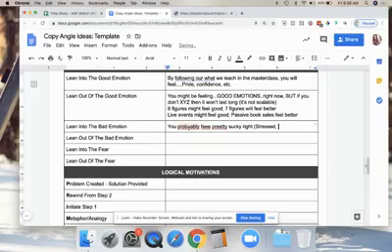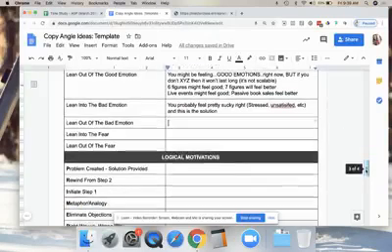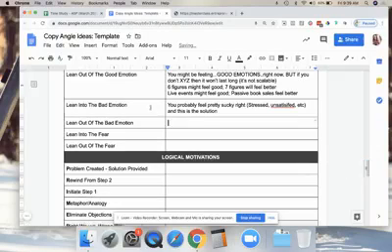Stressed, unsatisfied, etc. And this is the solution, basically. Leaning out of the bad emotion. So this is really going to push that they feel pretty terrible.